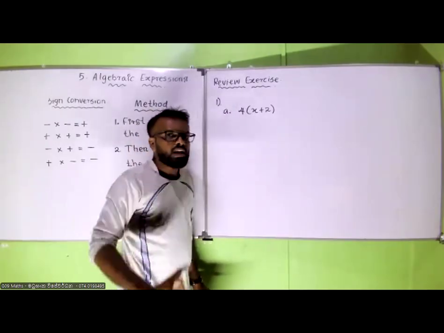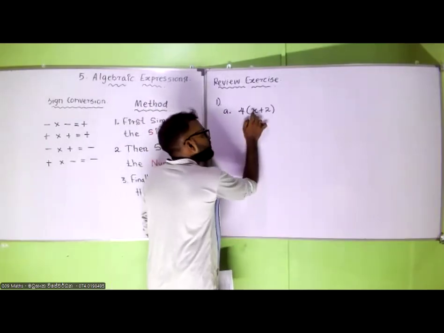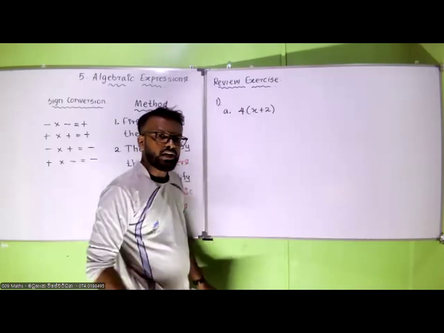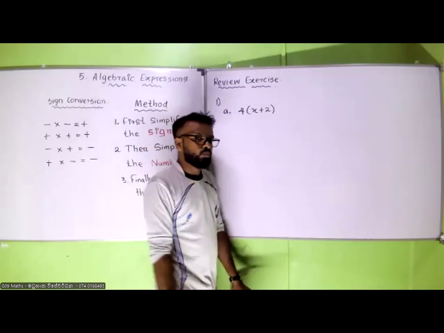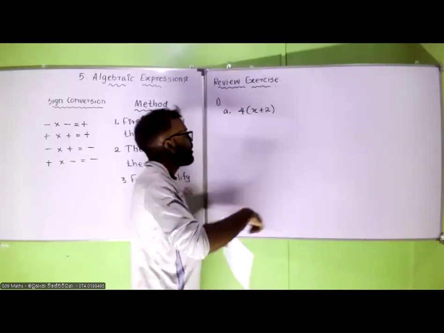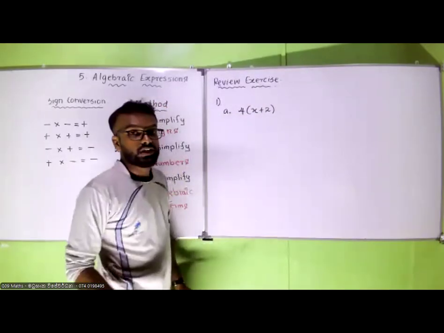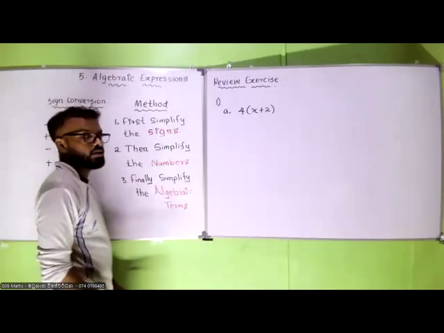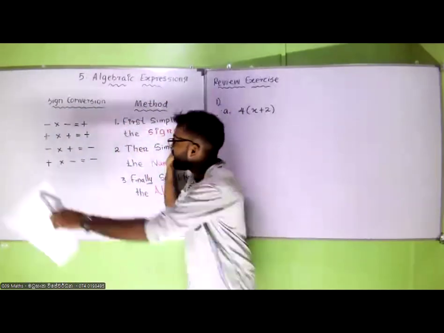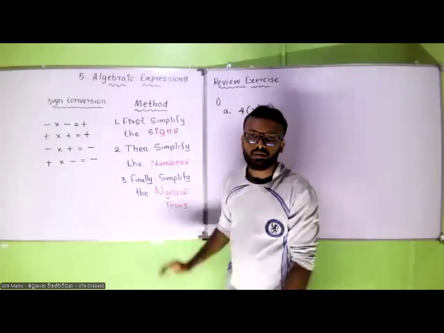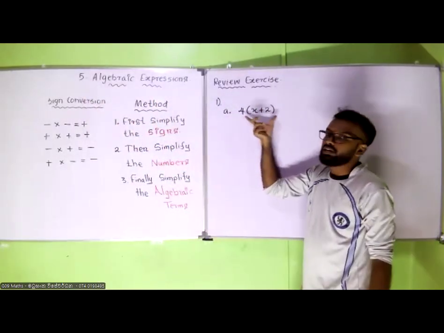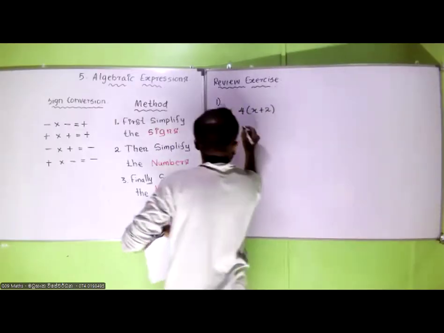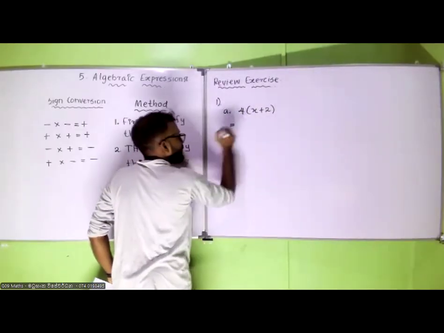And can anyone tell me what is the sign in front of this x? Positive. Super positive. Now, you know the sign conversion and you know this method. By taking these two together, you can simplify this. Now, equal mark. This is quite important.